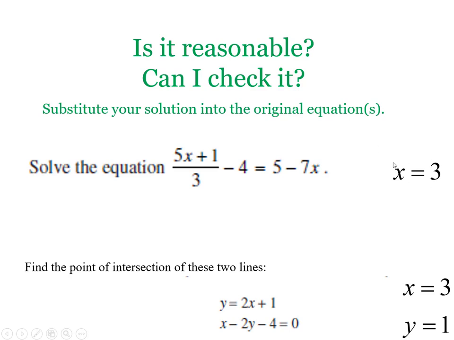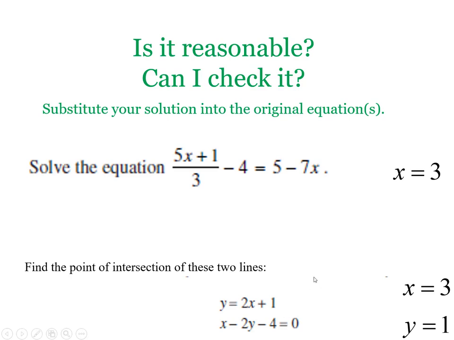For example, if you think the answer to this equation is x equals 3, and you have a bit of time at the end, you could pick up your calculator and substitute your possible solution into the left-hand side. 5 times 3 plus 1, put that over 3 and take away 4, press equals. Hold that thought. 5 take away 7 times 3, press equals. Did I get the same result? Oh, no, I didn't. Should try that again.